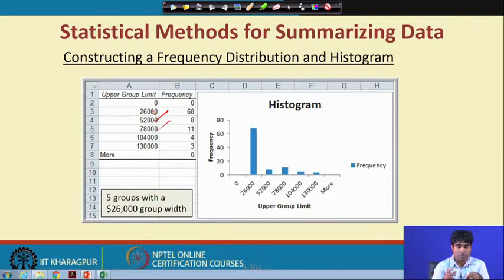Then there are 68 people having income 26,000, and 18 people have the income 52,000. Similarly, there are 11 people whose income is 78,000, and there are 7 people who are above 1 lakh.